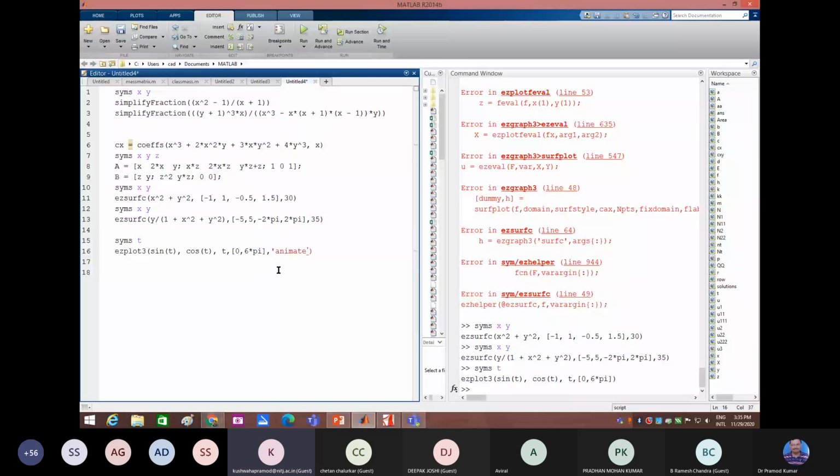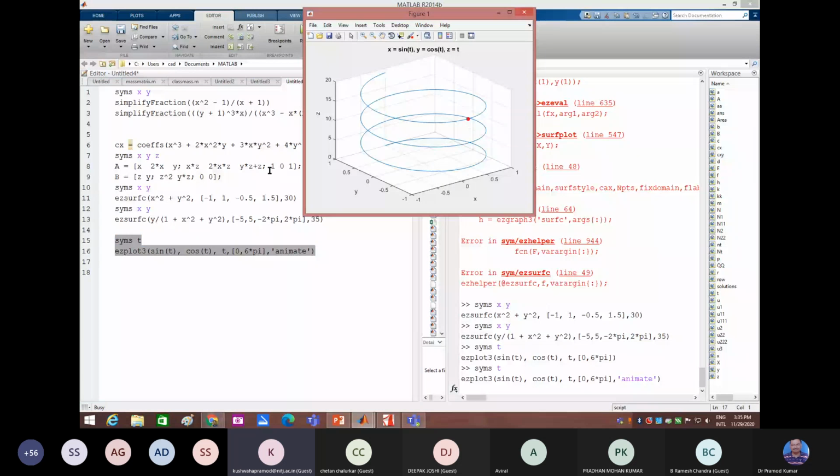Now you can see the animation out of this. This is going toward the upside. This is the visualization you can learn with this.